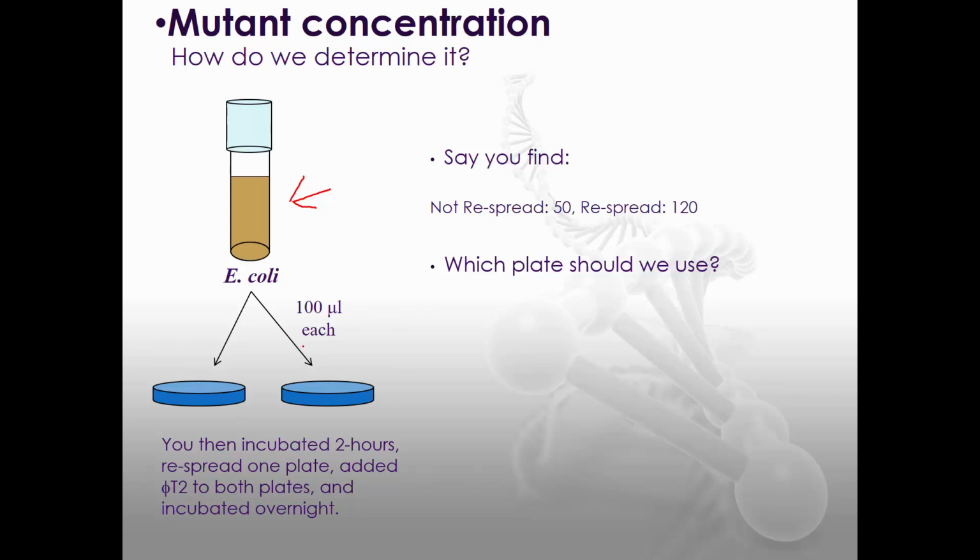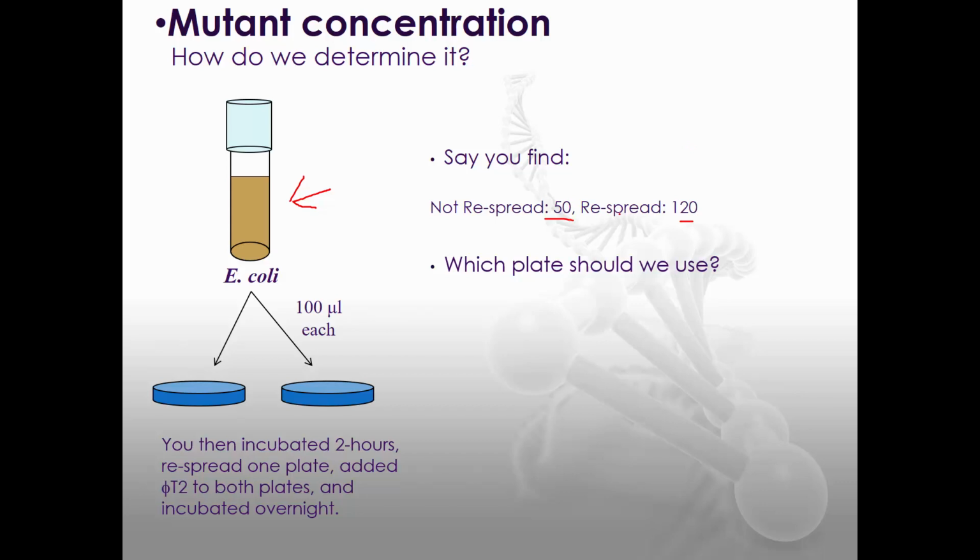Well, if we had just done that and left it alone, how many mutants would we have had? Well, the answer is 50, right? Because to get 120, we had to manipulate it further. We had to allow them to grow into nascent colonies, into little baby colonies, micro colonies, and then break them up and spread them around the plate so that they could form new colonies. But they wouldn't have been able to do that unless we reseeded them all over the plate.